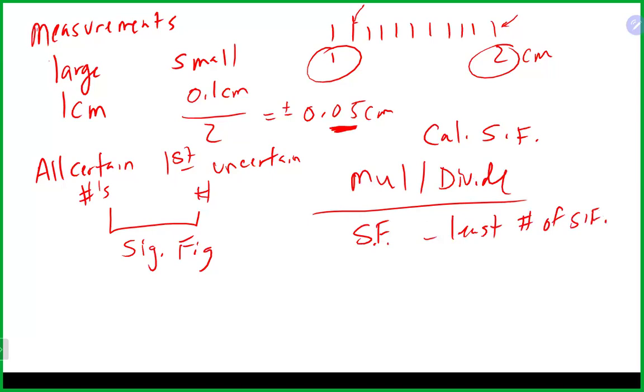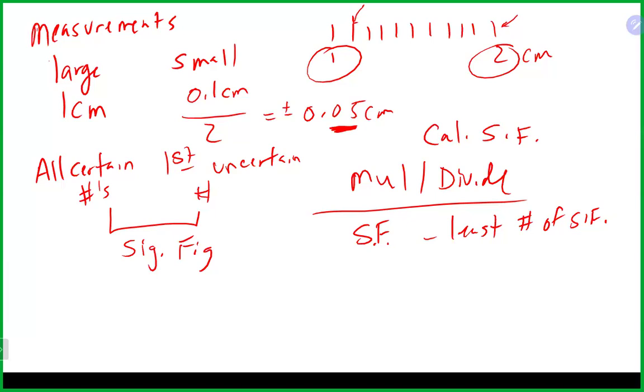So your least number of significant figures is really how many significant figures your answer should have. Frankly, it's because it's probably your worst measurement in this group of numbers. So your overall calculation is really only as good as your worst number that you have. And that goes for both multiplying and dividing.